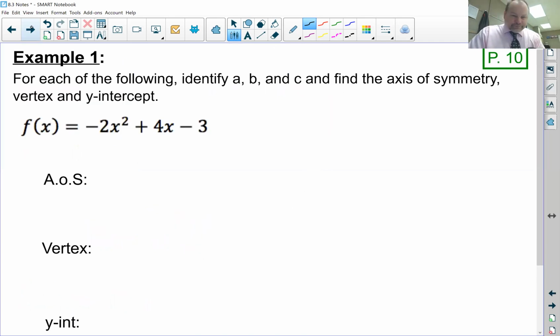For the beginning, all we're going to do is identify the values for a, b, and c, and use those to find the axis of symmetry, the vertex, and the y-intercept. So here is our first equation in standard form.